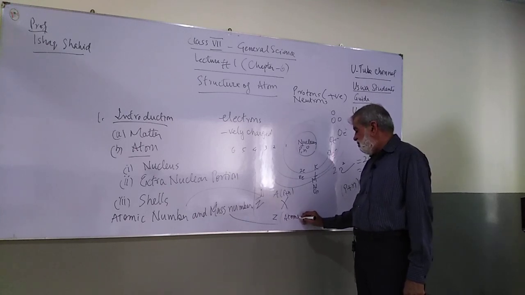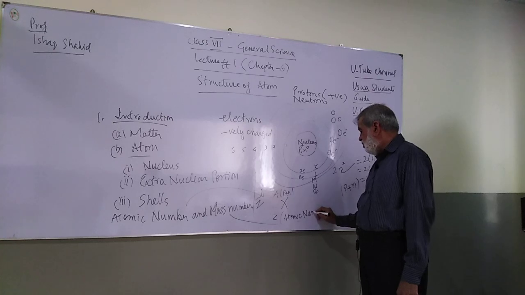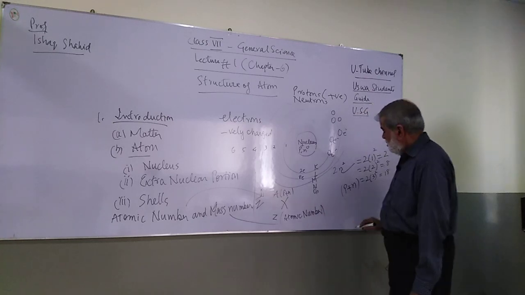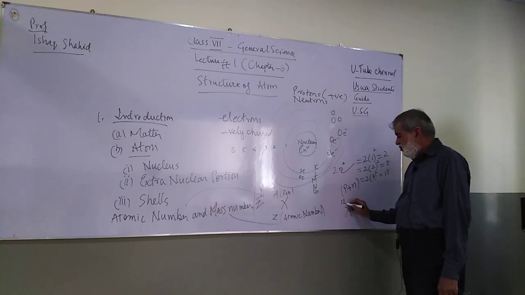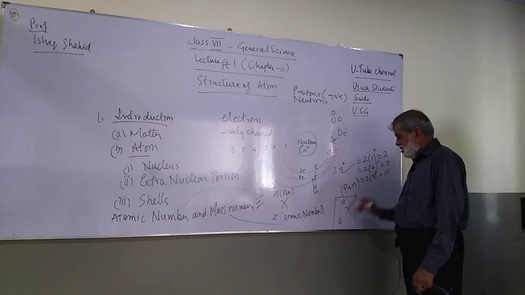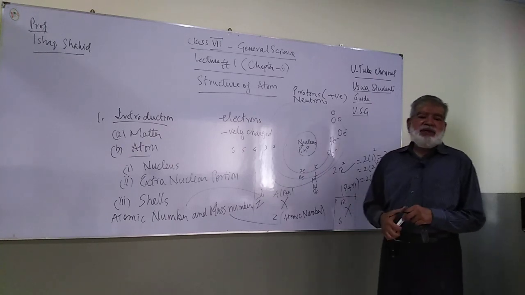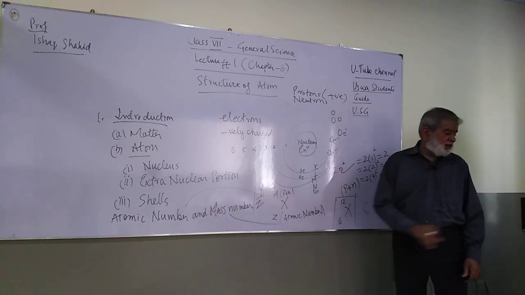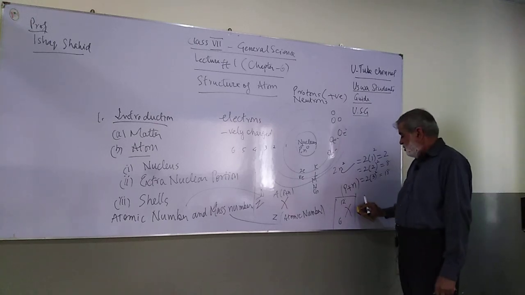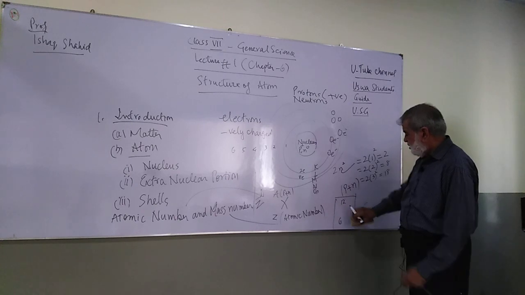So in case of carbon, 12 is the mass number and 6 is the atomic number, and this is how we can write C. In place of X we will write C, because now we know that this element is carbon.